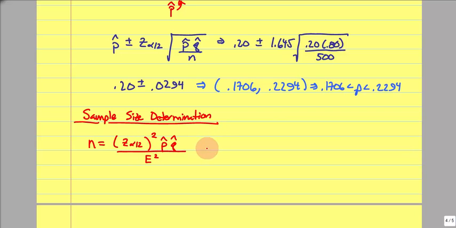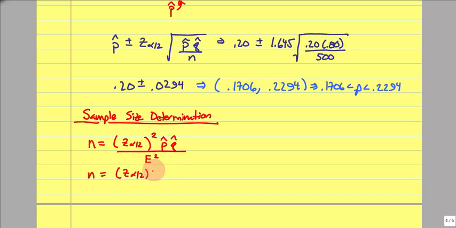Now I have a different formula that I use under particular circumstances, and I use it if I don't have an estimate for p hat, meaning I don't have an idea of what p hat could be. What I end up doing here is trying to maximize the number of people I'll have to select by making each of these equal to 1/2.